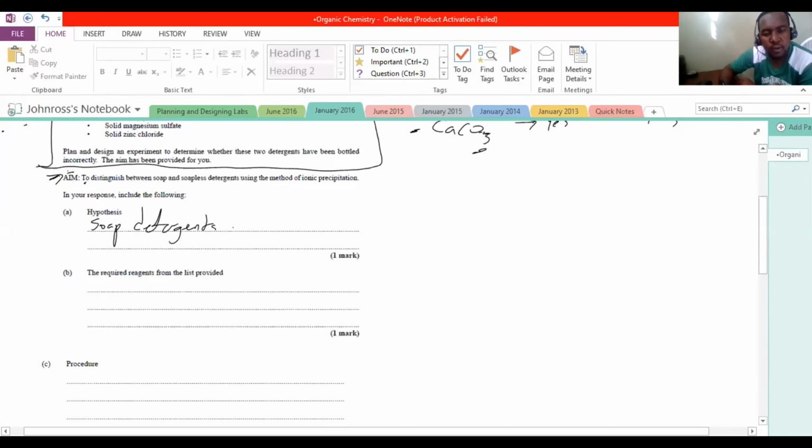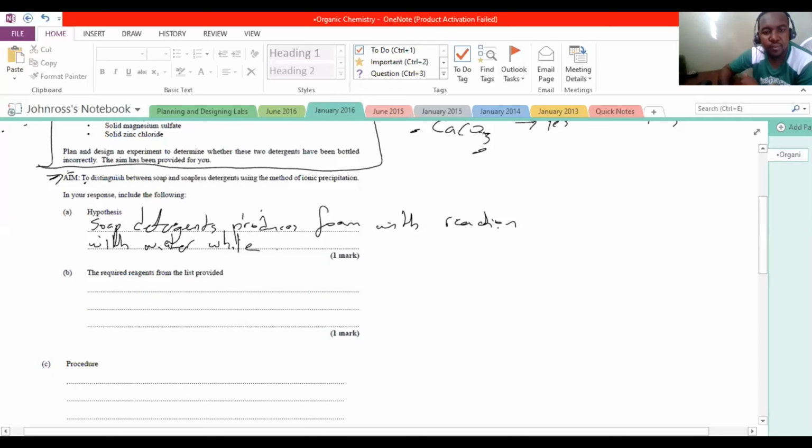lathers more, or put it in small words, produces foam with reaction with water. And we're just going to use water as a simple one.